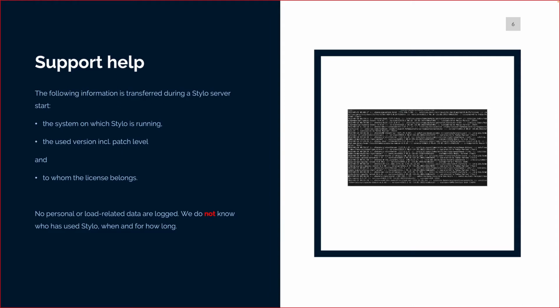The logging happens only at the time when we start the Tomcat server. That's only for support help, and when the support is fast, you are also very fast with new Stylo versions.